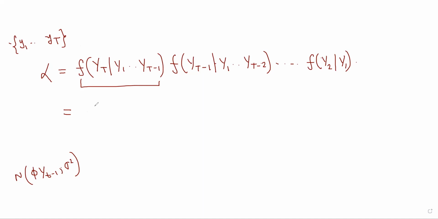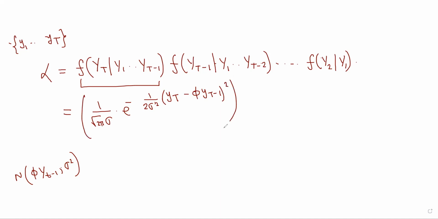It will simply be, small phi, but I have already used the symbol phi, so this is simply 1 by root over 2 pi sigma, e to the power minus 1 by 2 sigma square, yt minus phi yt minus 1, square.